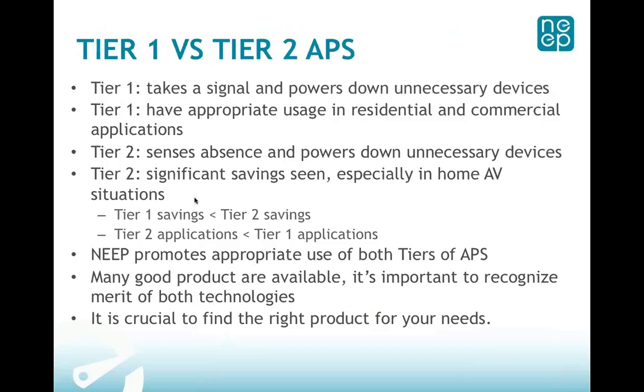A little bit about terminology, and for folks who have been working peripherally in the advanced power strips space, hopefully this is a helpful clarification. This might be new to some, and really old hat to some of you, but basically there are two classifications of products, and the internal terminology we have been using is Tier 1 and Tier 2. Tier 1 products take a signal and power down unnecessary devices. As Marta went through all the different control strategies, those are all receiving some kind of signal.